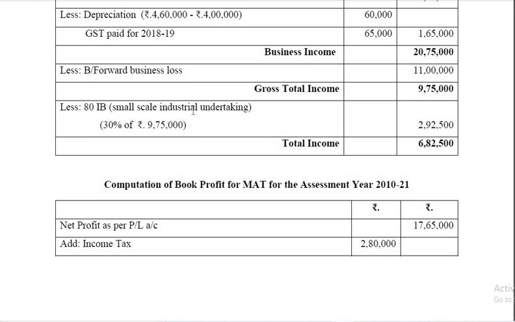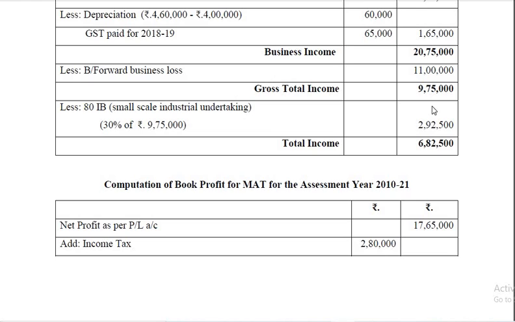Then deduction. So this is equal to gross total income. I told you there is no other head of income. Business income itself is gross total income. So there is one deduction under section 80 IB at the rate of 30%. So this is to be calculated on the gross total income after set off.